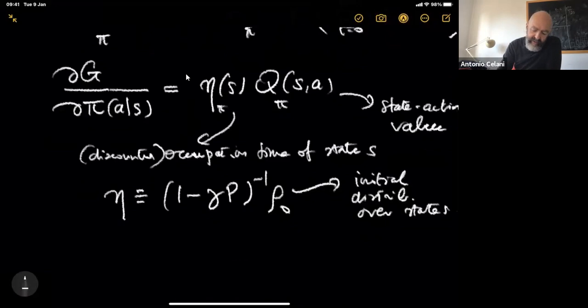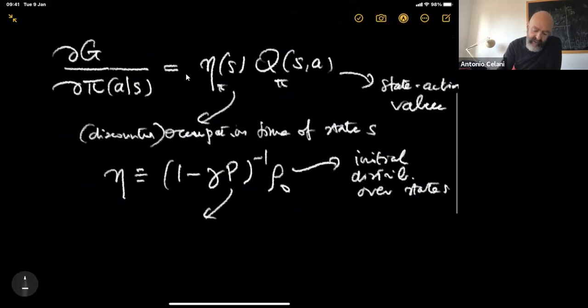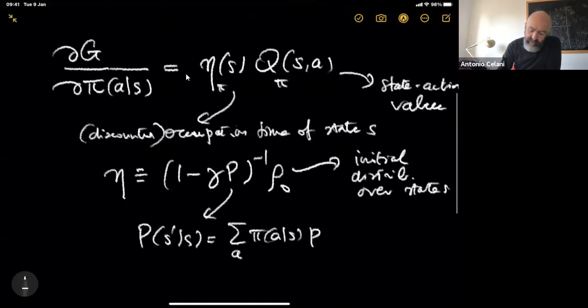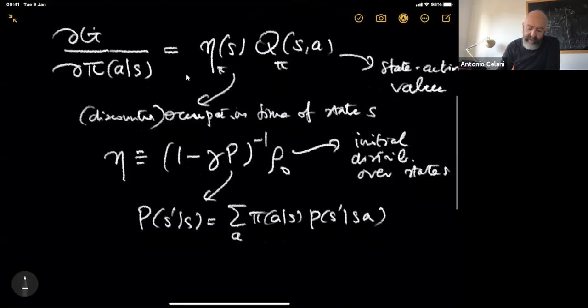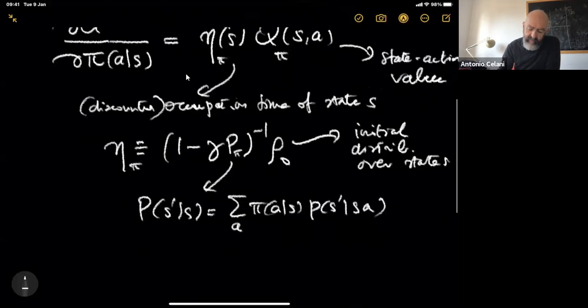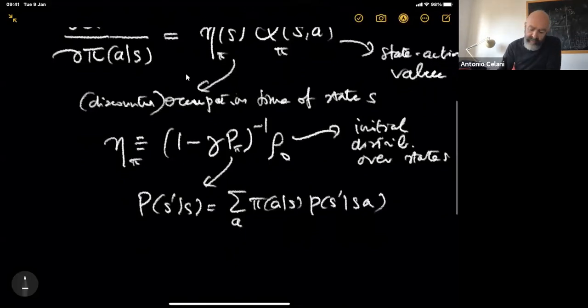And this capital P here is a matrix whose entries are defined to be just the transition probability from one state to the next one, given the policy pi. Okay, so this P explicitly depends on pi, and eta implicitly depends on pi through the dependence on P.